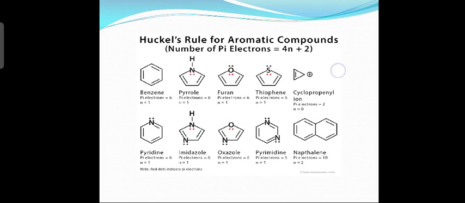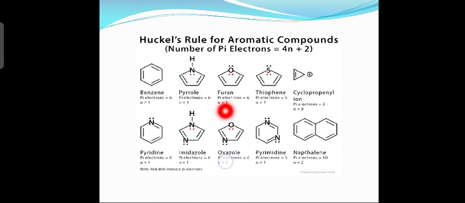Now here are some examples. Huckel's rule for aromatic compounds: number of pi electrons, 4n plus 2. Benzene we already learnt. Then pyrrole also, if you calculate the pi electrons, n equals 1. Even furan, n equals 1, you can calculate.